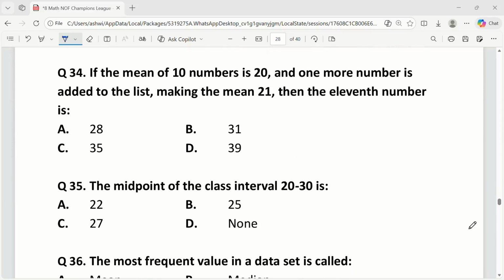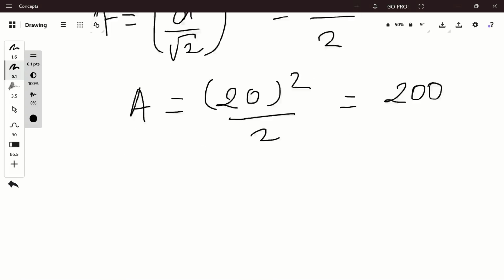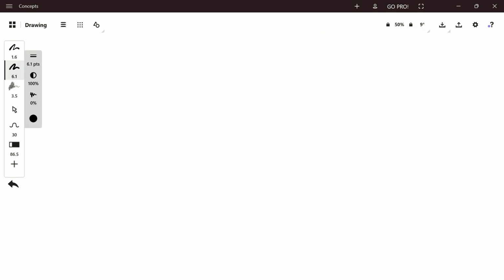If the mean of 10 numbers is 20 and one more number is added to the list making the mean 21, then the 11th number is. The mean is calculated as the sum of the numbers divided by the count n, which is equal to the sum of the numbers upon n.